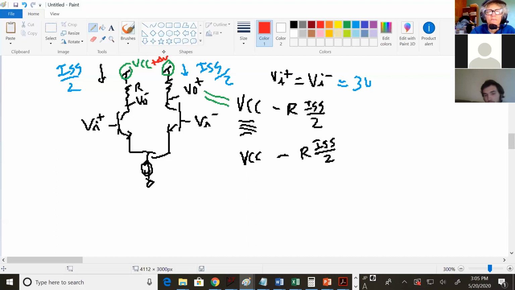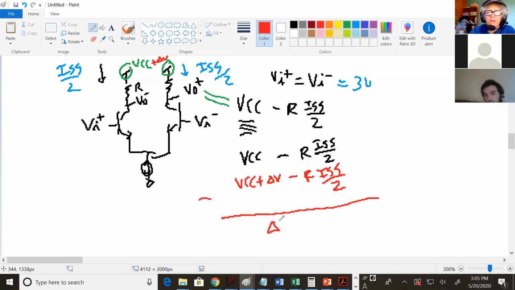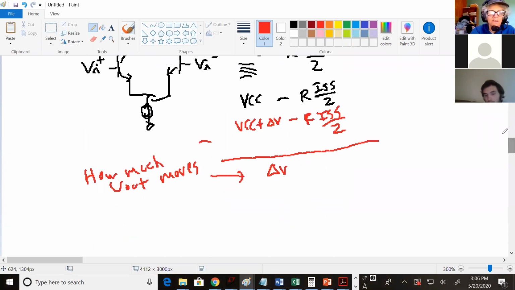It would be VCC plus delta V minus R ISS over 2. Yes. And if you do that subtraction, you just get delta V. So that's how much V out moves when, let's continue this down here.